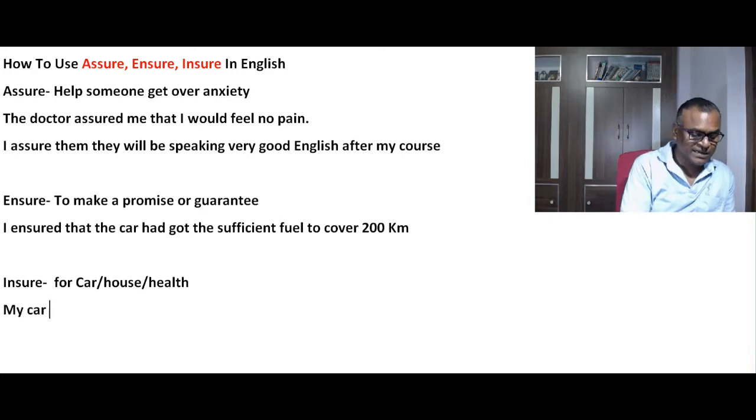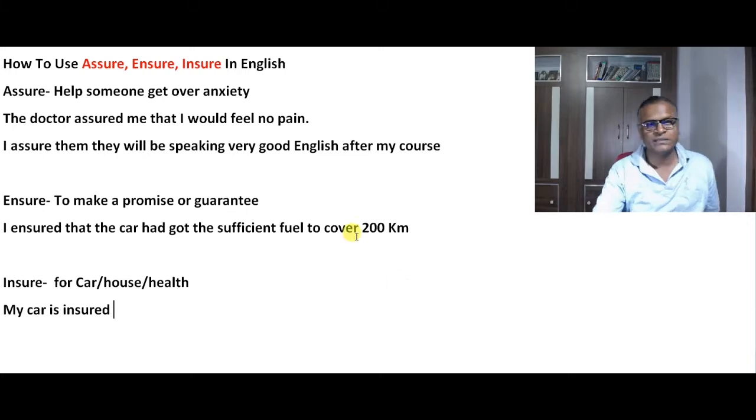If you say my car is insured, it means in case of any accident, if the car is damaged, then the cost of repairing is paid by the company, the insurance company. So my car is insured.